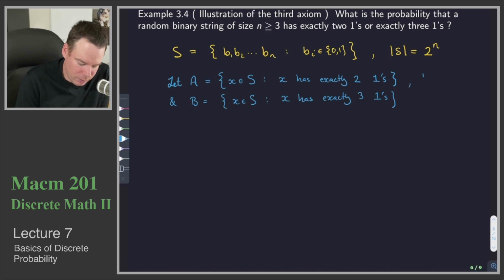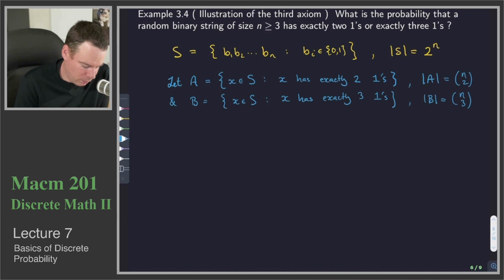What do we know about these sets? The size of the event set A, the set of binary strings of length n with exactly 2 ones, is just n choose 2. And the size of event B is n choose 3. So what is the event we're actually interested in?